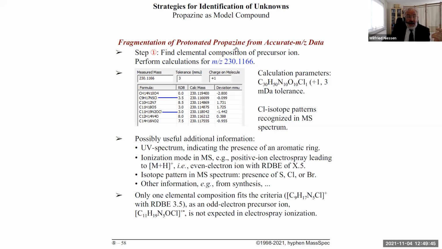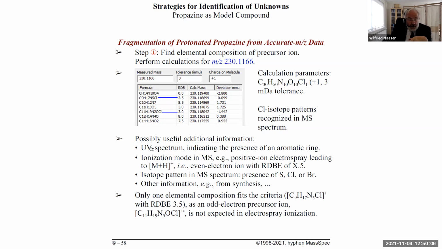This is the accurate mass I use. So I get a number of possible hits. Only 2 of these hits actually contain the chlorine, 1 being an odd electron ion, the other one being an even electron ion. So basically from this, I can conclude this must be the elemental composition.